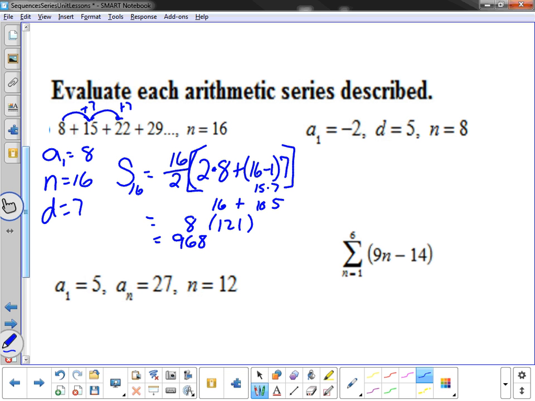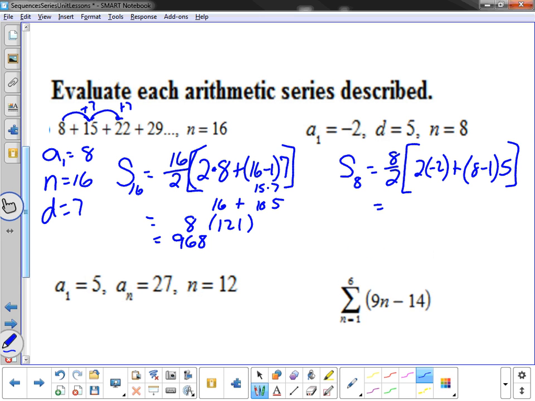Okay, the second problem. I got a sub 1, I got d, I got n. I've got everything for that formula, so I'm just going to go right into it. S sub 8 will equal 8 divided by 2 times the bracket 2 times negative 2 plus 8 minus 1 times 5. Close my bracket, follow the order of operations.